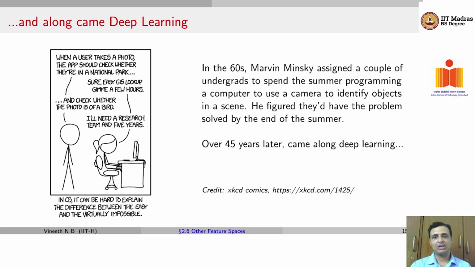Remember when we talked about the history of deep learning, we said that in the mid-1960s, Marvin Minsky started out with a summer project to solve the problem of computer vision, but many decades later, deep learning has been able to make significant progress at this time.